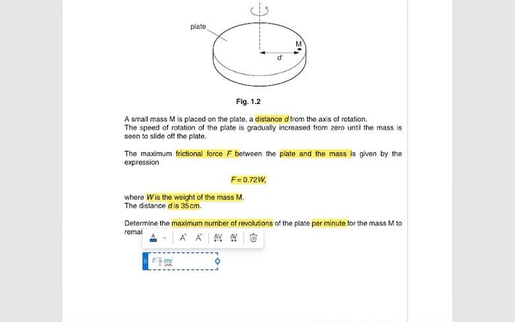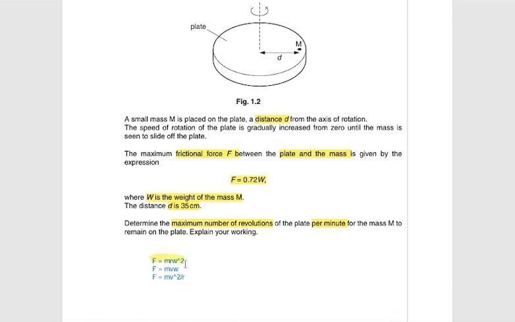F equals mr omega square. F equals mv omega, and F equals mv square divided by r. Now they have given us r, but we do not know what v is.